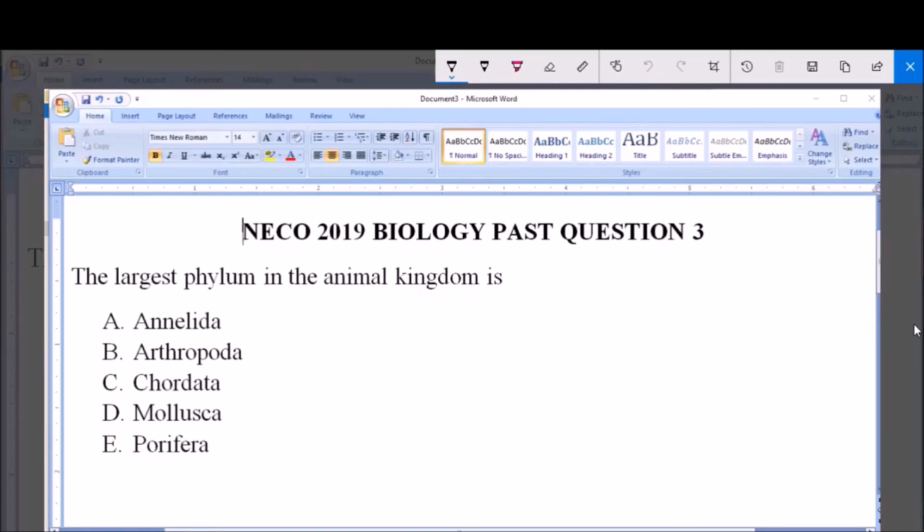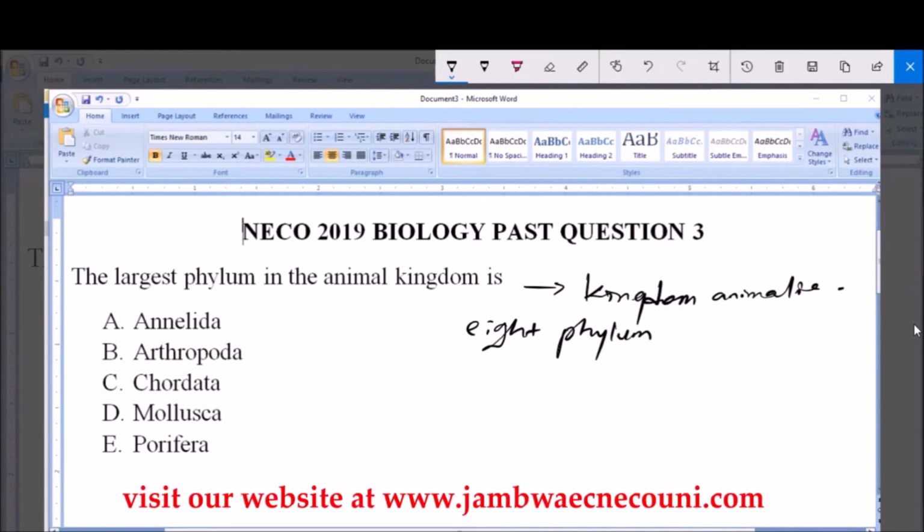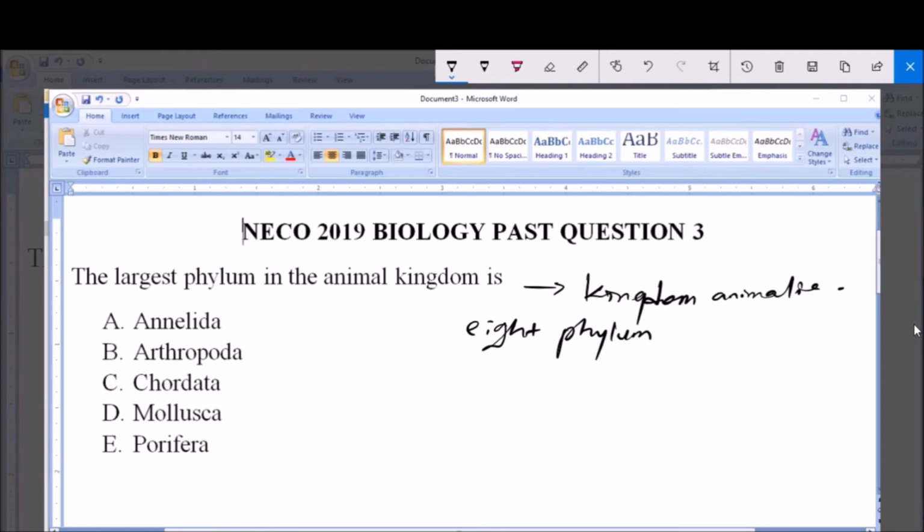Now, the animal kingdom, also known as the kingdom Animalia, is made up of 8 phyla, ranging from phylum Porifera, Coelenterata, Echinodermata, Arthropoda, Annelida, Mollusca, Chordata, and so on.